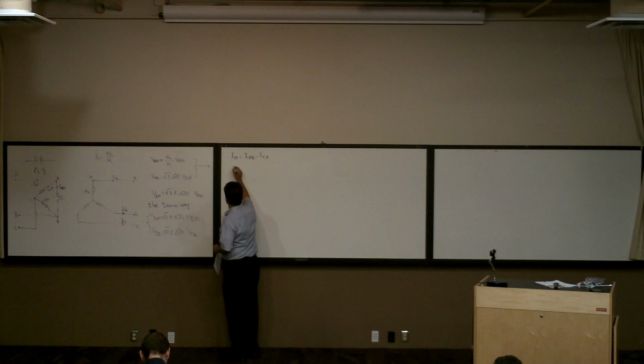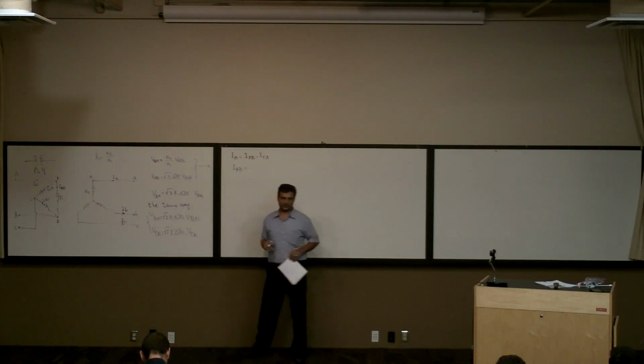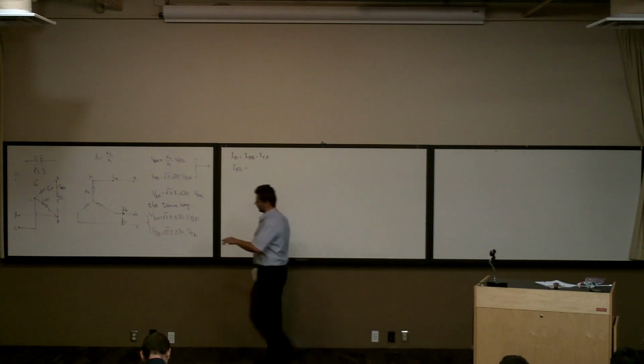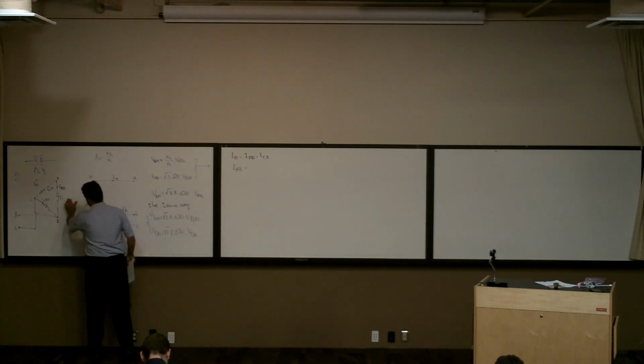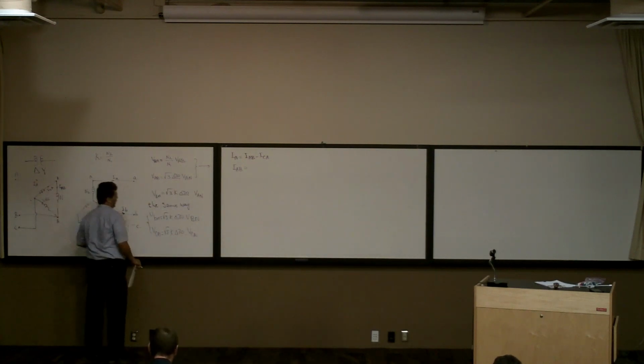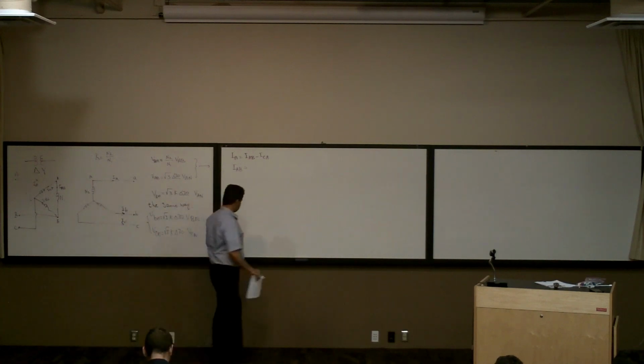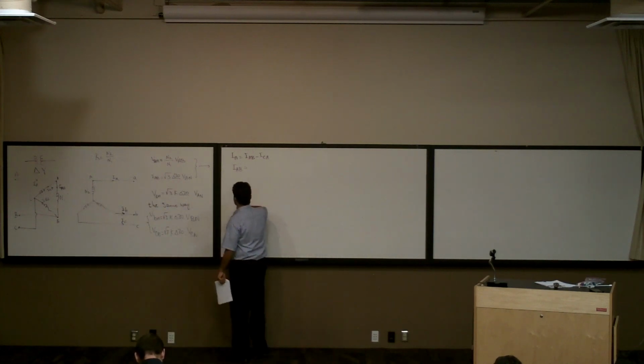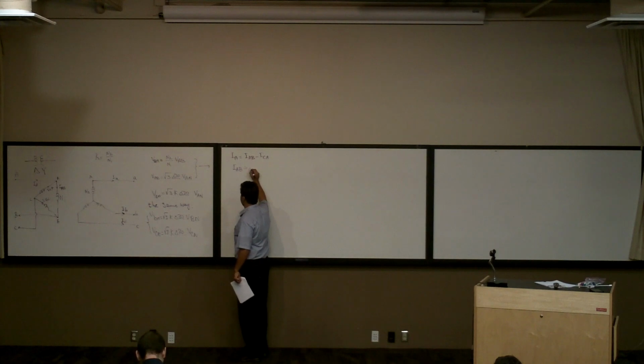How much is the IAB? I'm going to replace it with the IA. IAB is the phase current here, right? So it's going to be related to this IA. IAB is the phase current. That one is the line current.